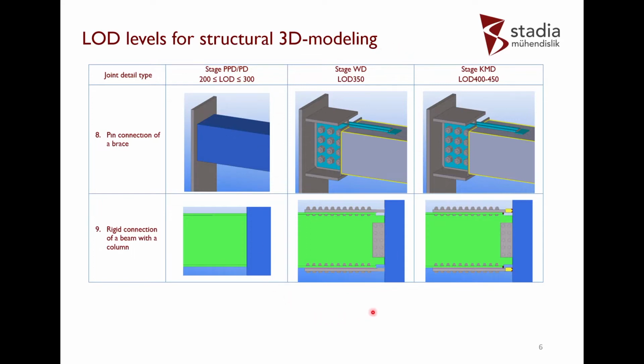Working documentation has details, but they should not be 100% modeled in our model. I mean that we should model only the details which we are showing on drawings. For the drawings, we can draw these details. For the others, it's up to the client.